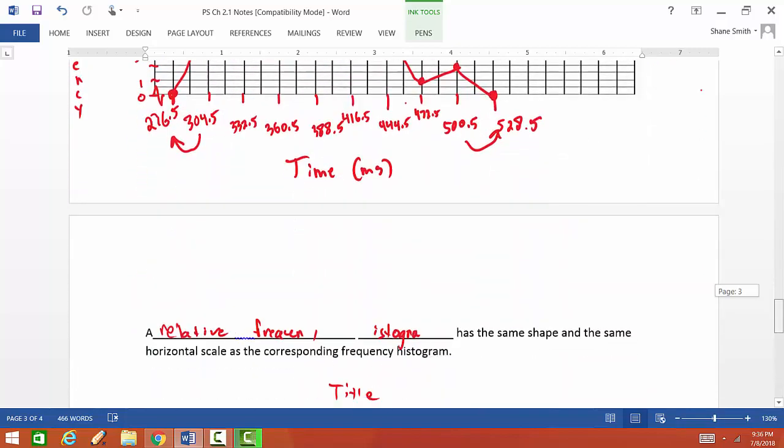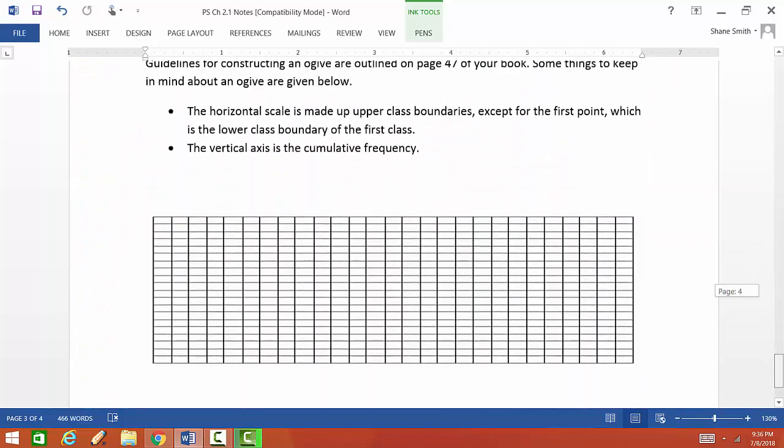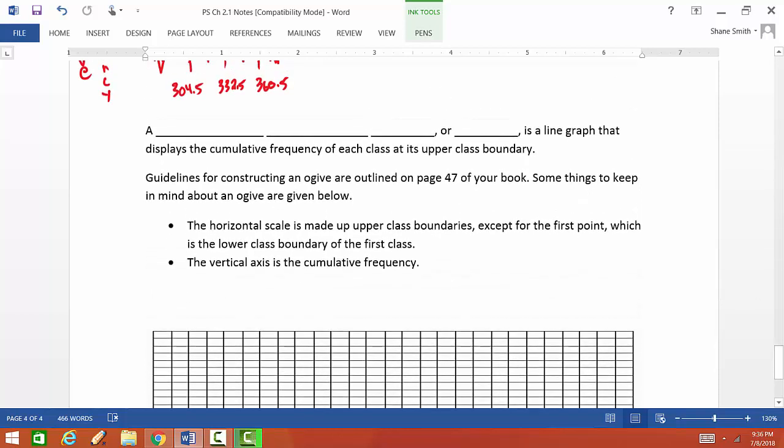The last graph I want to talk about is my personal favorite, and that is the cumulative frequency graph, AKA the Ogive. Which is kind of fun, right?